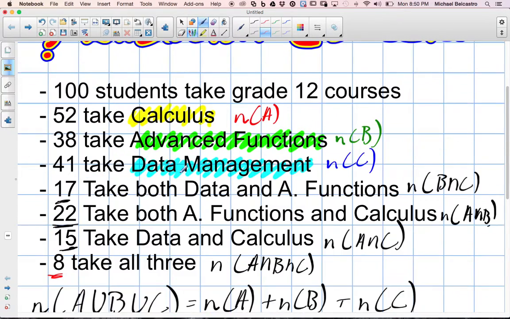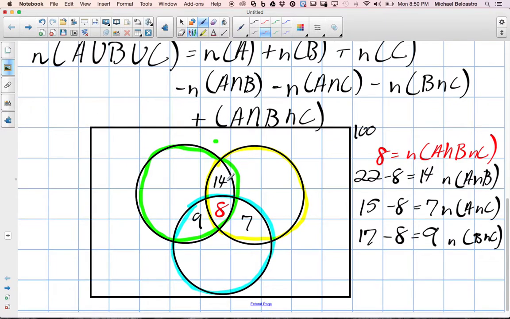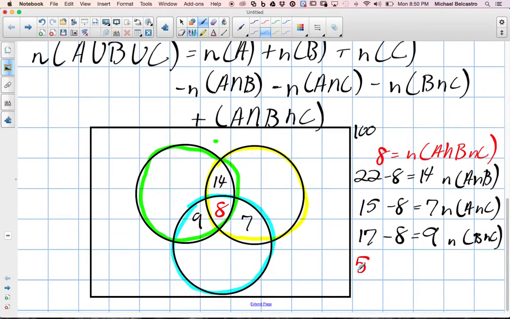Calculus was red. They told us that 52 people take calculus. Okay. Well, if there's 52 people taking calculus, that's our giant red one here. We start with our 52, and we have to subtract the 14 people who are taking both advanced functions and calculus. We have to subtract the 7 people who are taking both data and calculus, and we have to subtract the 8 people who are taking all 3.